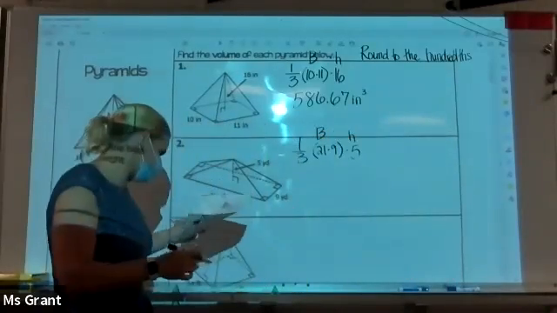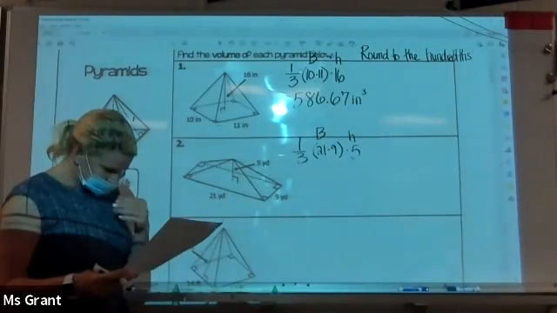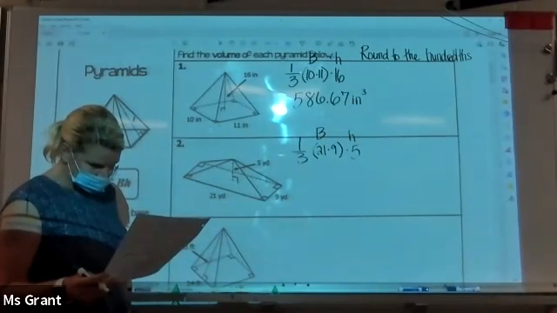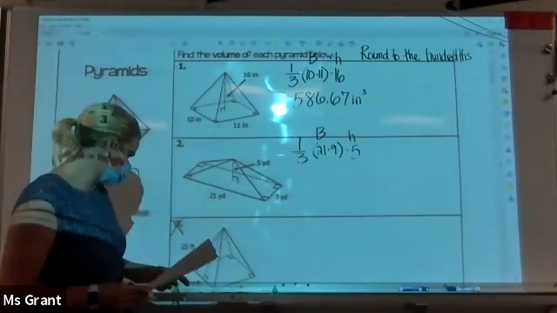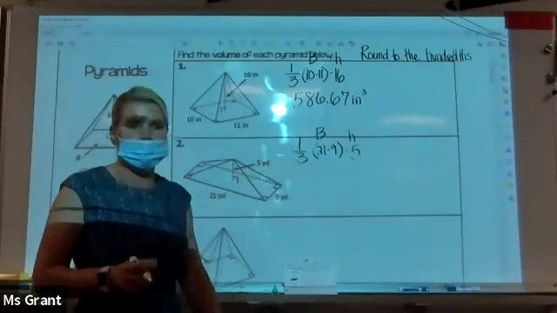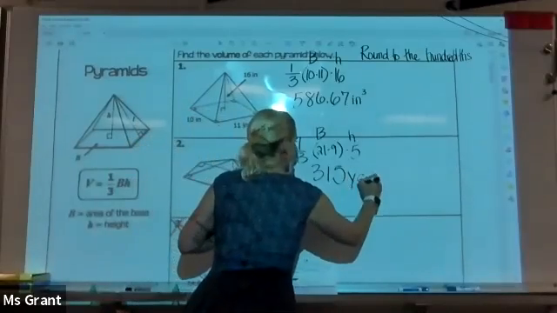Someone on Zoom, tell me. It's just a multiplication problem. Let's go. 315 yards. Yep. Two ladies said it. Thank you. 315 yards cubed.